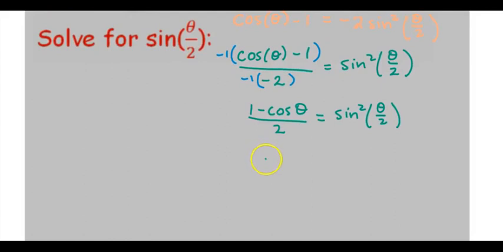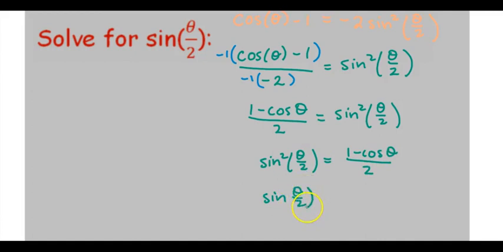Now maybe I'd like to rearrange it first, so I'm going to put sine squared of theta over 2 on the left and 1 minus cosine theta over 2 on the right. Square root both sides. Don't forget about plus or minus when we square root. Okay, so there's our identity.